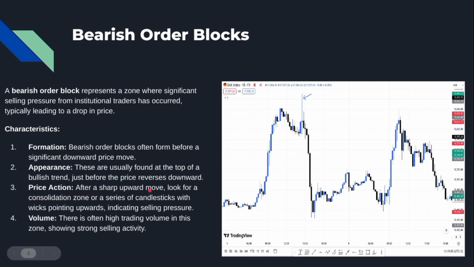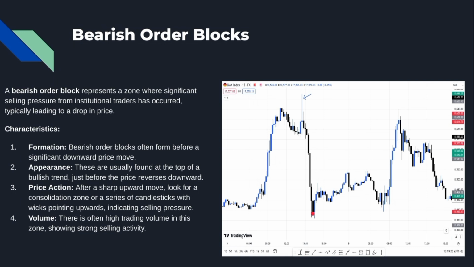After a sharp upward move, look for wicks pointing upwards, indicating selling pressure. As you can see, we have our wick over there pointing upwards. Number four, volume. There is often high volume trading in this zone, showing strong selling activity. As you can see, we have strong volume pushing price down.